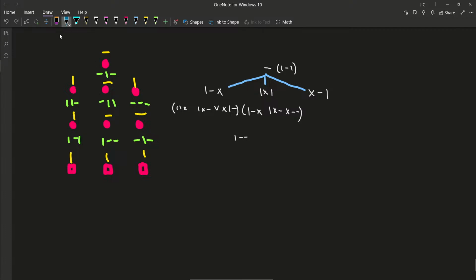Okay, so now we can interpret these two parentheses as sets of possible previous layer activations. And we need to compute the set intersection. We do that by doing all pairs, right?